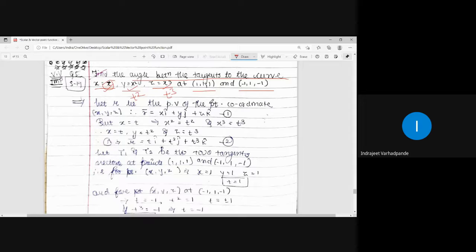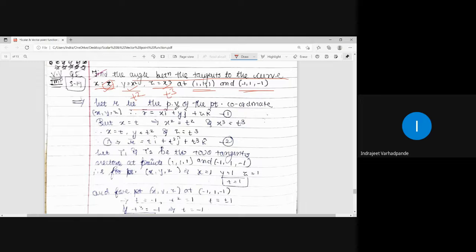So first from this I form the position vector, then dr bar by dt upon magnitude of dr bar by dt will give you the tangent to the particular curve. Those two tangents will be obtained at one point as (1, 1, 1), another point as (-1, 1, -1), and then we take the dot product of the two so that the angle between the two tangents can be easily obtained. So that is how the flow of the solution is.